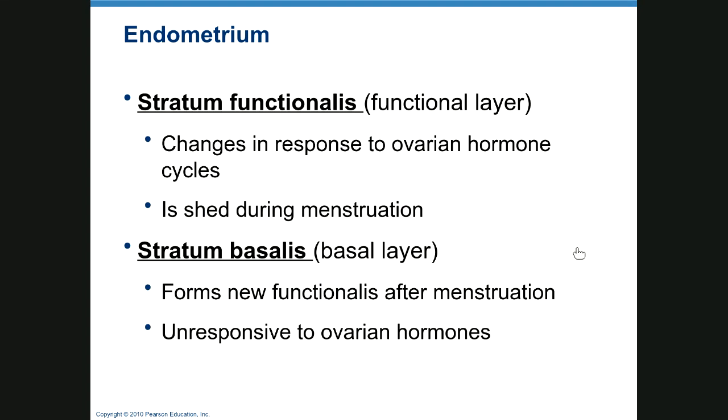Okay, now the endometrium consists of layers. The functional layer, stratum functionalis. This is the layer that grows and enlarges and then is shed during periods, menstruation. The basal layer forms a new functionalis after menstruation, and it doesn't change itself. Ovarian hormones don't affect it.